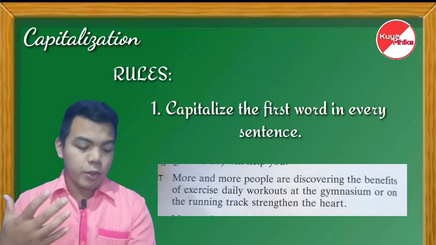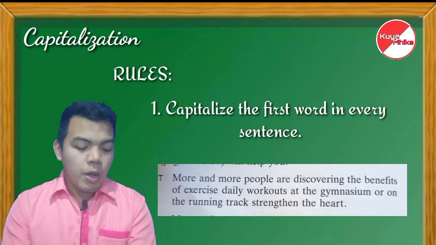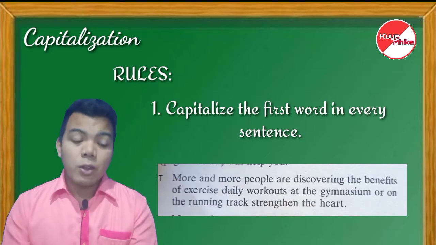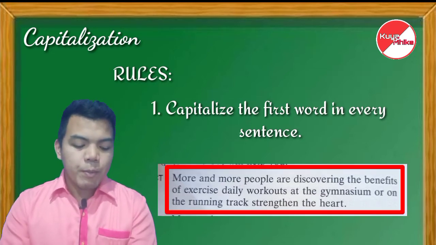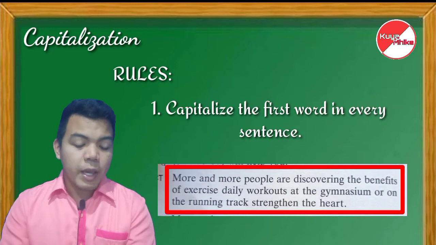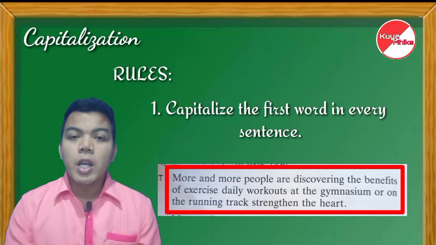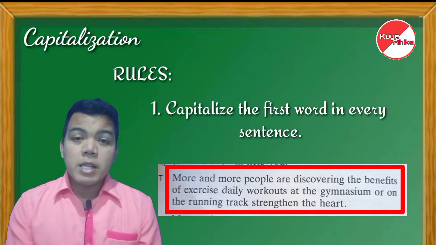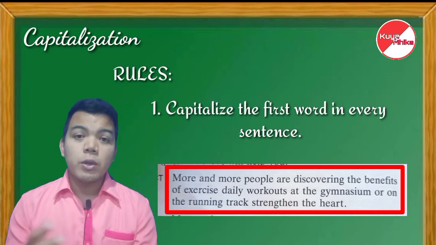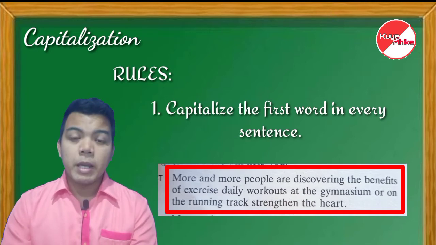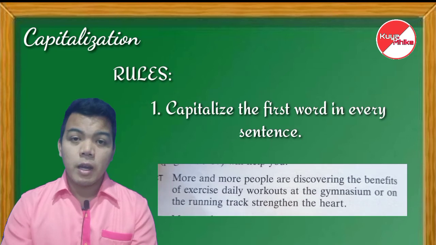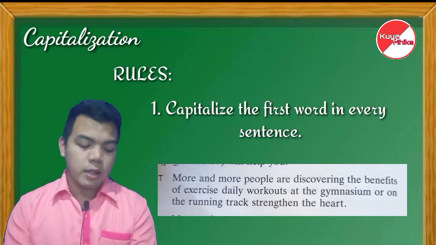Okay, for example, ito yung incorrect use na tinatawag nating run-on. More and more people are discovering the benefits of exercise, daily workouts at the gymnasium or on the running track strengthen the heart. So, kung tuloy-tuloy yung pagbasa mo at wala kang punctuation marks na ginamit, ito yung incorrect na way kung paano mo ma-capitalize yung mga letter in words or in sentence.